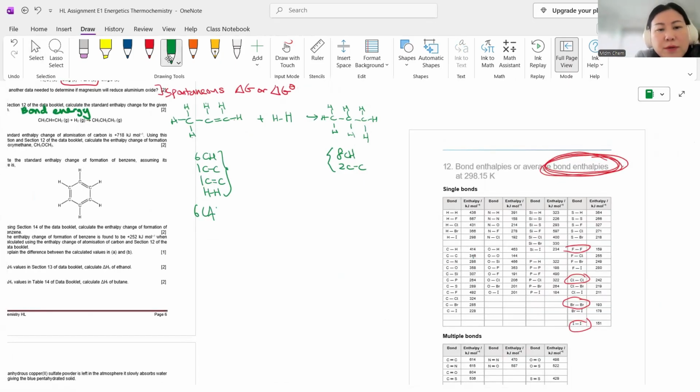So 6 times 414 plus 1 CC bond 346 plus 1 double bond, which you get from below, which is 614. Reactants minus products, so plus HH bond 436, minus products: 8 times 414 plus 2 CC bonds, which is 2 times 346.